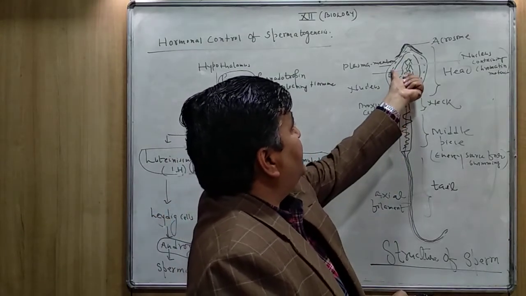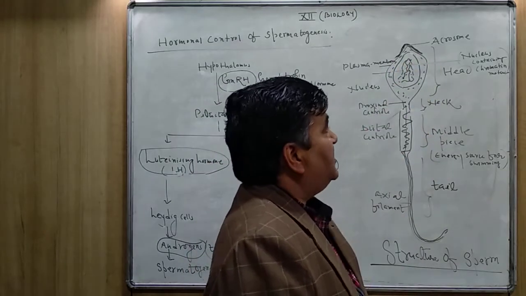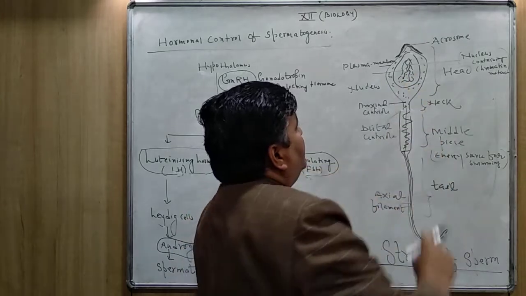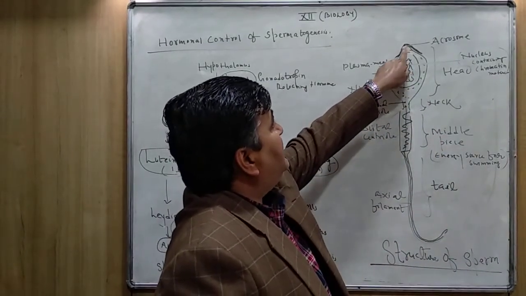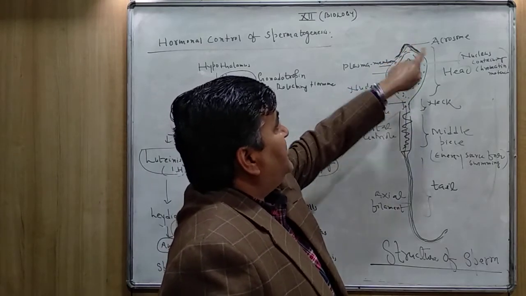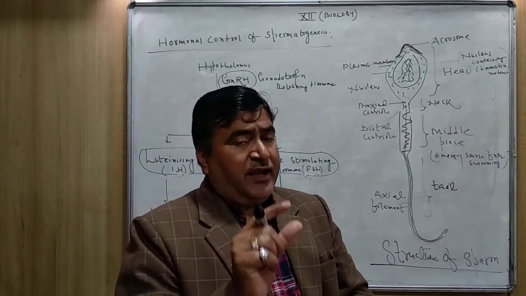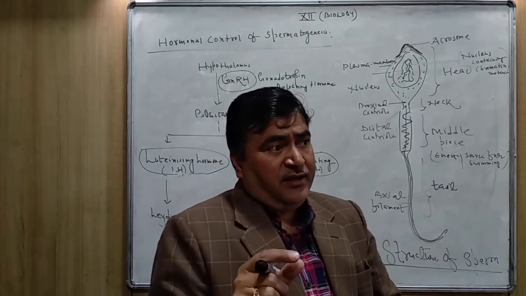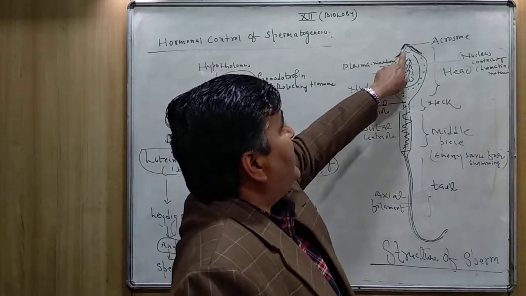Outside the nucleus, because this is a cell, this dotted structure I have shown here is the cytoplasm. The anterior part of the head has a cap-like structure, and that is called the acrosome.